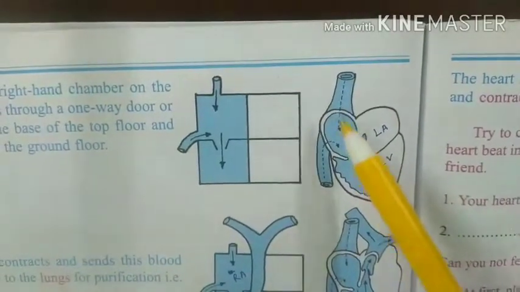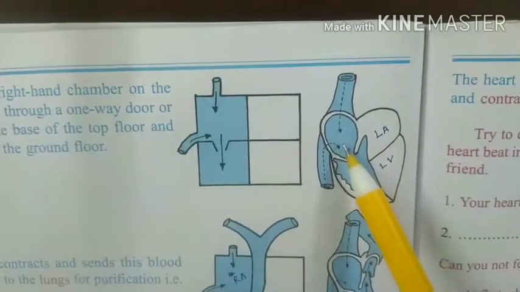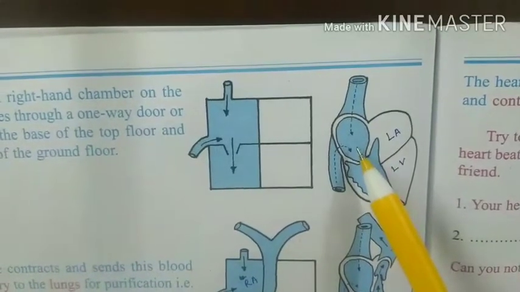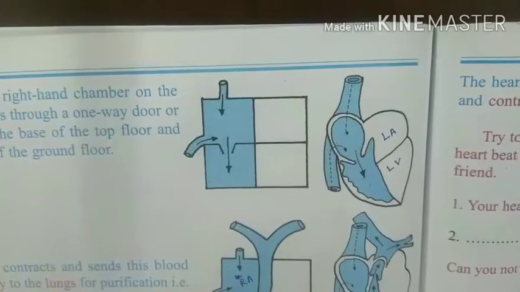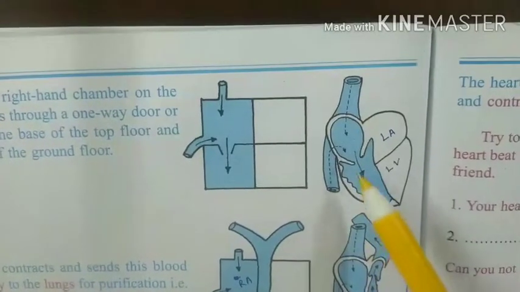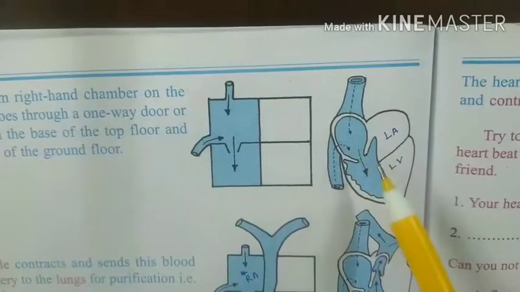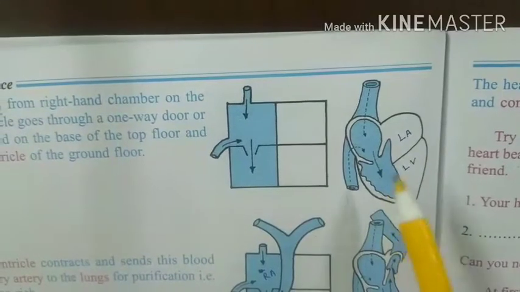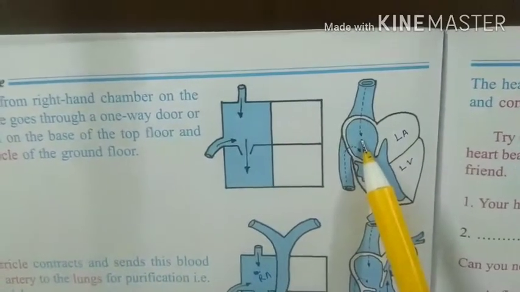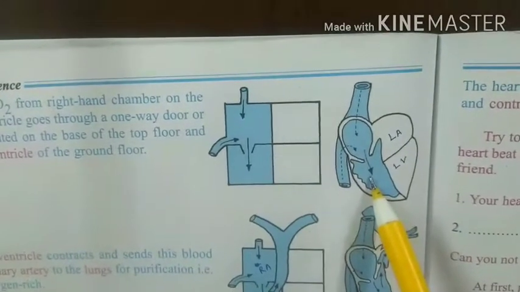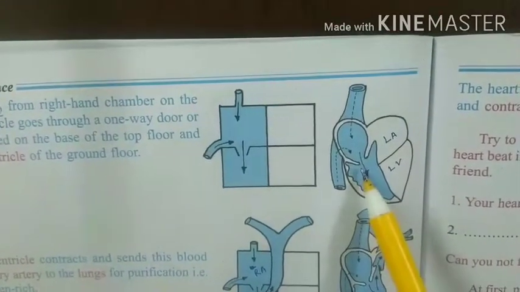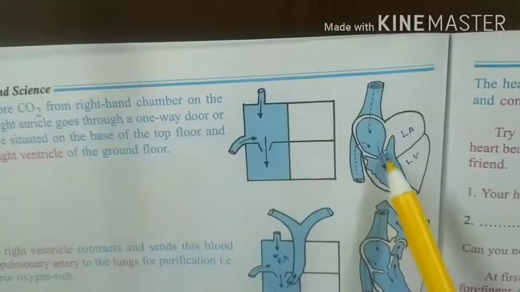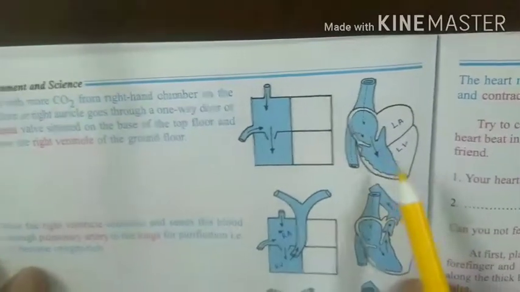When impure blood enters into the right auricle, the auricle expands and then contracts. As a result, impure blood from the right auricle comes into the right ventricle through this tricuspid valve.